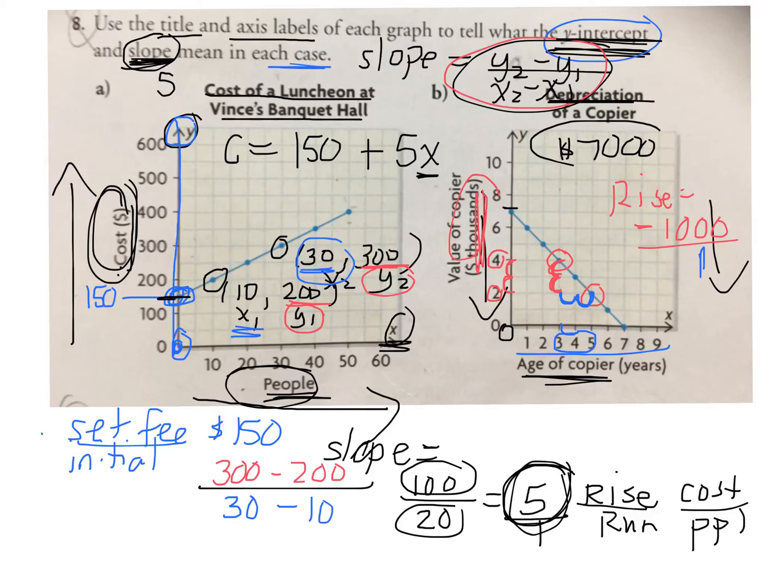So the slope, rise over run, is negative 1,000 over 1. What's negative 1,000 divided by 1? Negative 1,000. What does that mean in this question? Every year, this is the age, what does it decrease by? 1,000. So every year it's decreasing by $1,000.